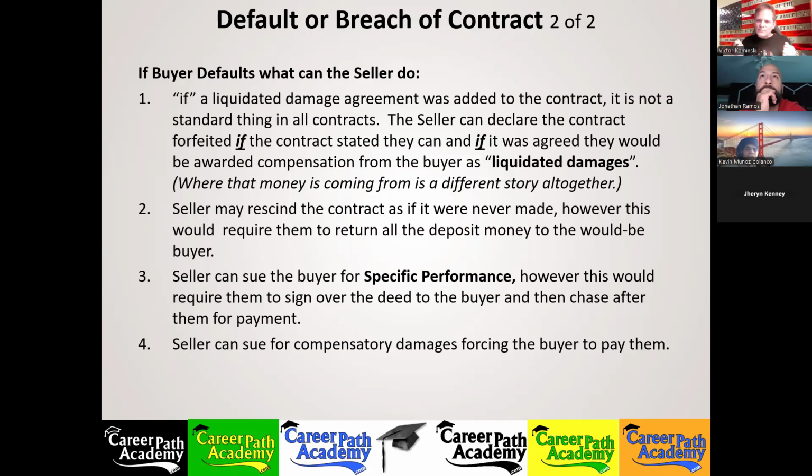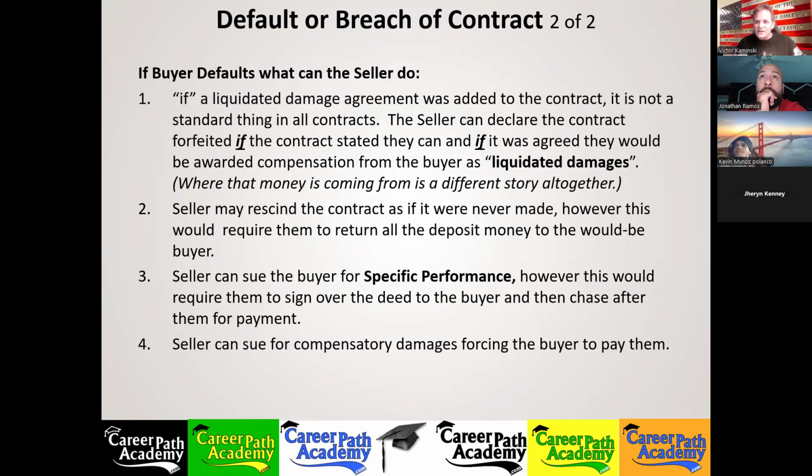The transfer of ownership takes place when? Upon delivery and acceptance of the deed itself. So now the buyer took the deed, they took ownership of the property. So now the seller's like, oh, you're now the owner, you got to pay me. Sounds kind of silly, right? But no, if a buyer didn't want the property, what did you think?